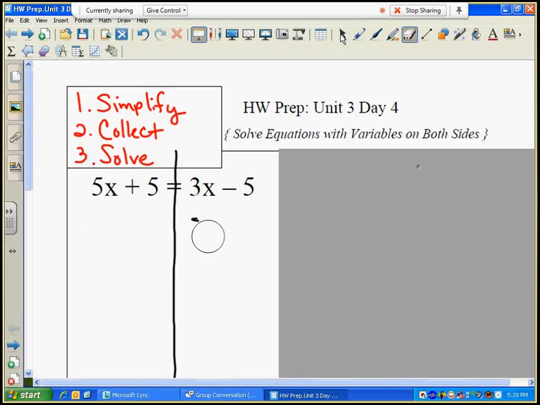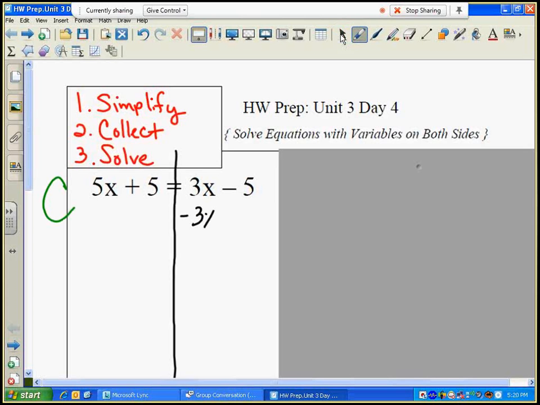For your notes, we didn't do any simplification process, so we're not going to write down simplify. But we are going to collect here in a moment. So write a big C next to that side, and you're telling the reader, hey, look, I'm about to collect these variables. I'm about to get the variables on the same side. I'm going to choose to subtract 3x from both sides.